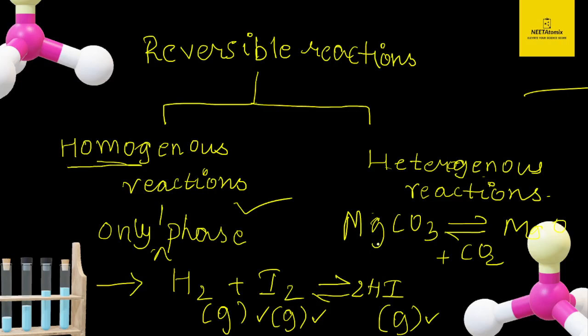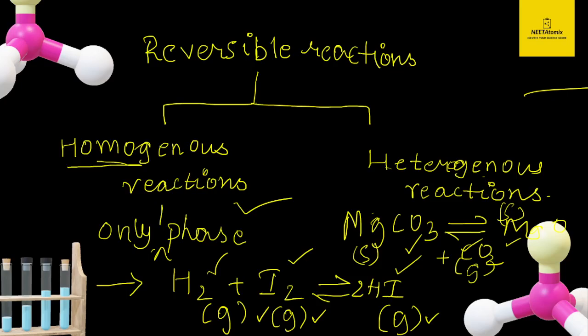Here magnesium carbonate is a solid, MgO is also a solid, and CO2 is a gas. The physical state is different within the reaction. But in the homogeneous reaction, H2 is a gas, I2 is a gas, and 2HI is a gas.